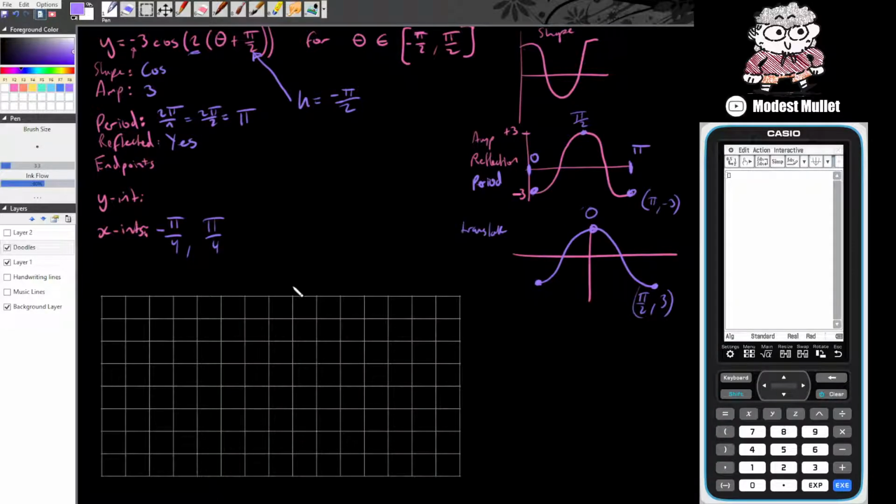So we're getting our endpoints in this example just by going through a process of geometric reasoning, patterns of graphs. So this becomes -pi on 2, -3, and that was 0, +3. So we've got 90% of our work done right there, just by thinking about physically what's happening in the graph.